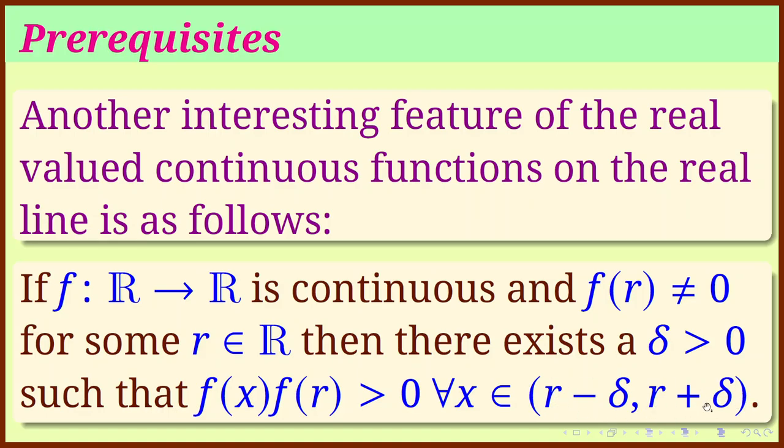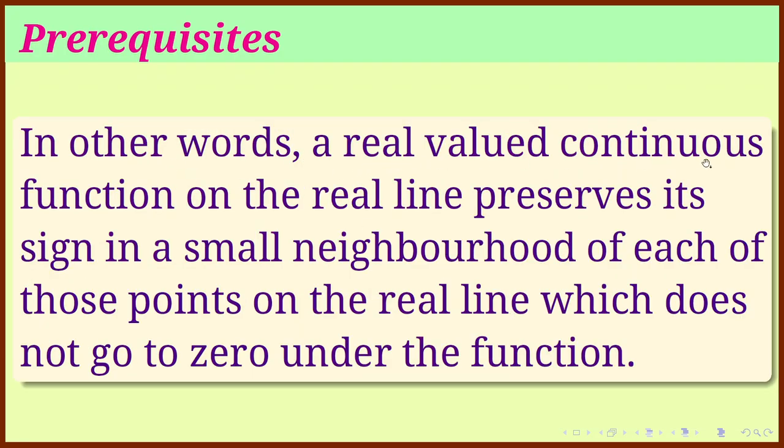So in this open interval, f(x) and f(r) have the same sign. If f(r) is negative, f(x) is also negative. If f(r) is positive, f(x) is also positive. So this is the same thing as saying f(x) into f(r) is greater than 0. That means these two quantities have the same sign. In other words, a real valued continuous function on the real line preserves its sign in a small neighborhood of each of those points on the real line which doesn't go to 0 under the function.